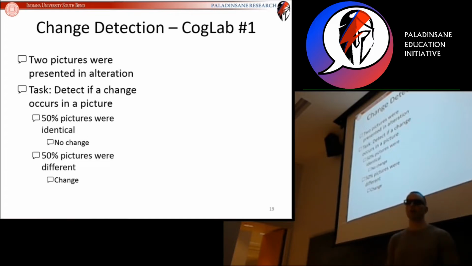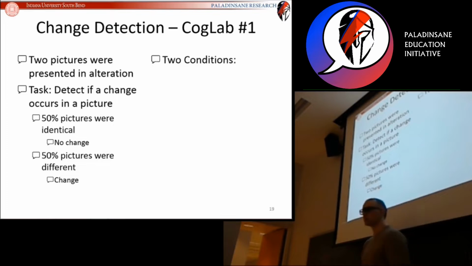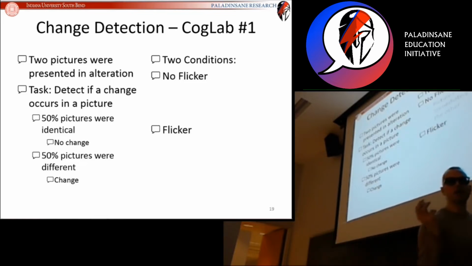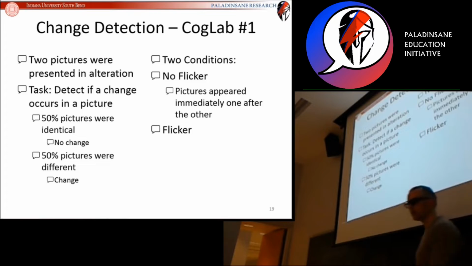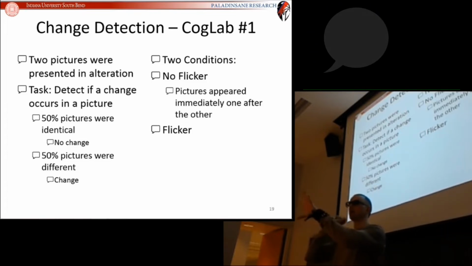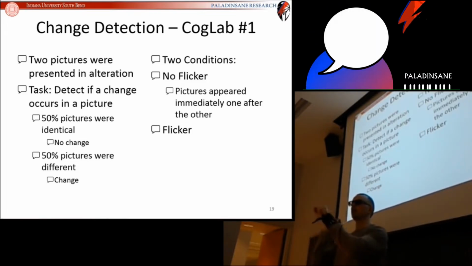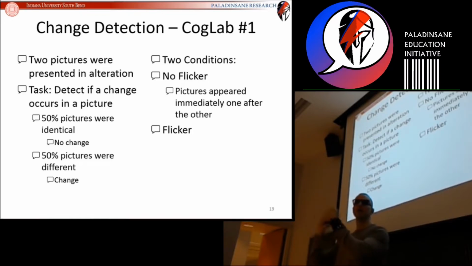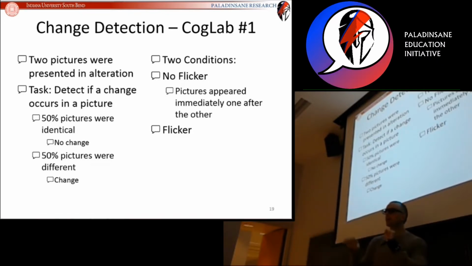Your task was to say which ones were which. Now, there were two conditions in this experiment: a no flicker condition and a flicker condition. In the no flicker condition, the pictures that were alternating appeared immediately after one another, right? They appeared one after another, so as soon as one appeared, the other one disappeared, and then back and forth.